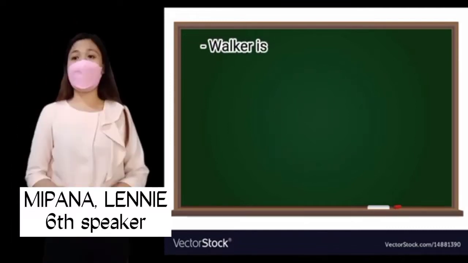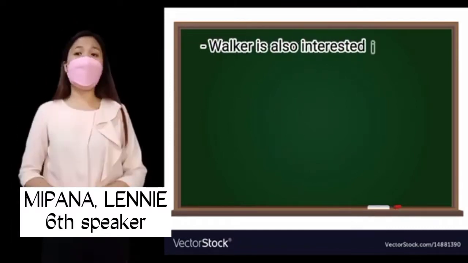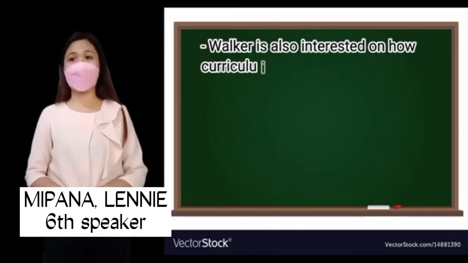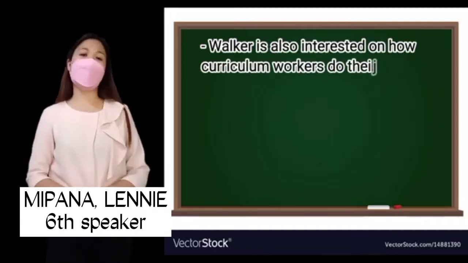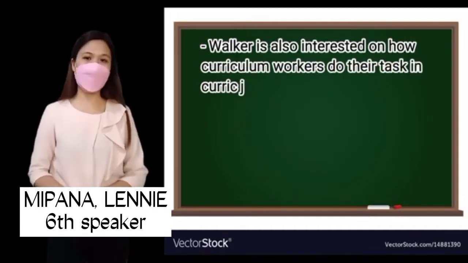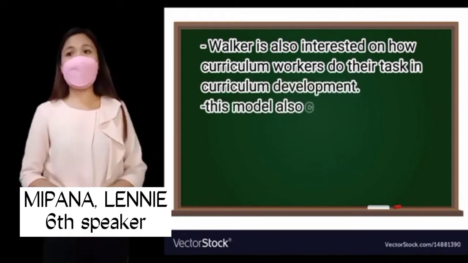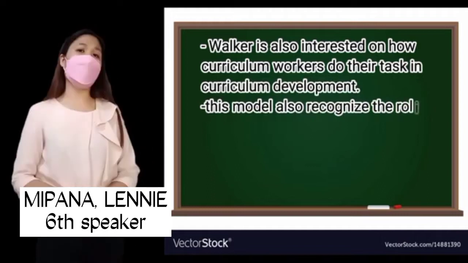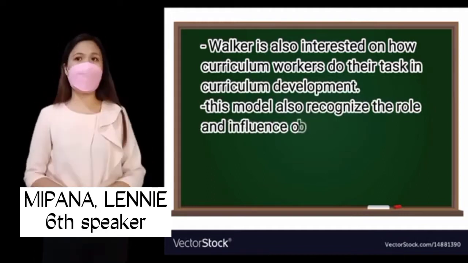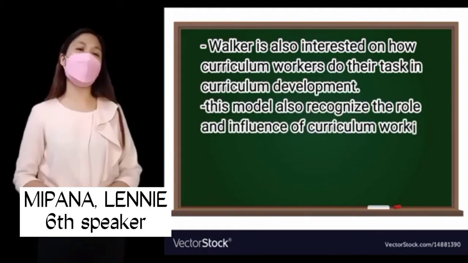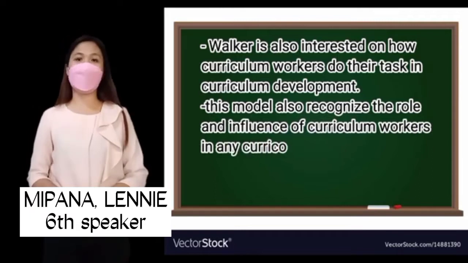Walker is also interested in how curriculum workers do their tasks in curriculum development. This model also recognizes the role and influence of curriculum workers in any curriculum development task.